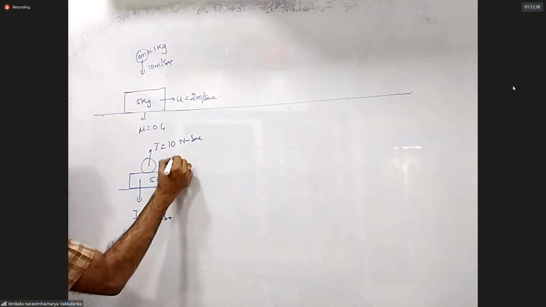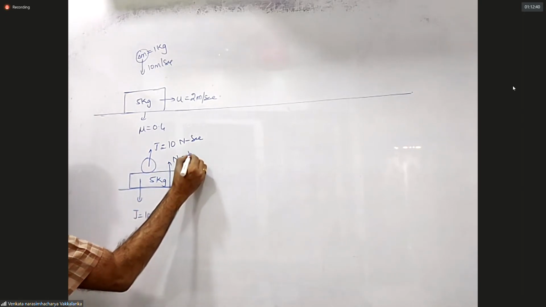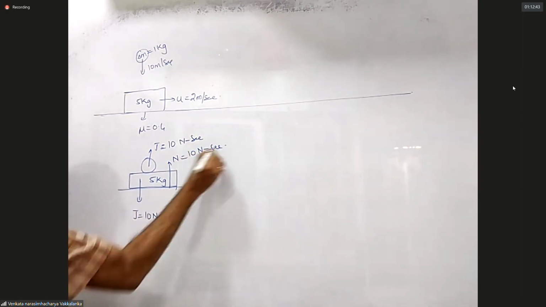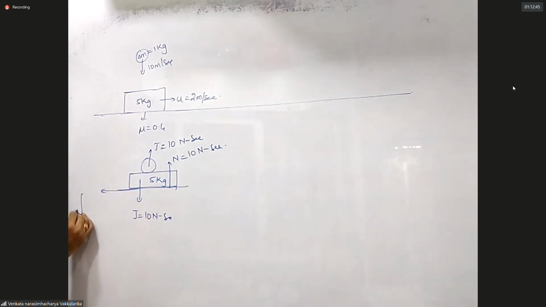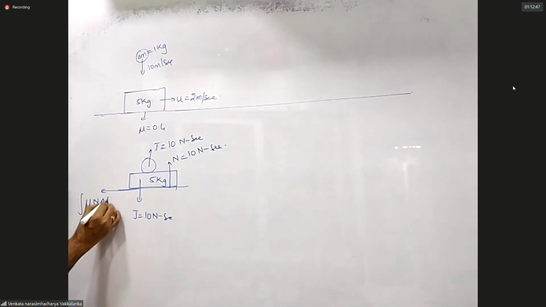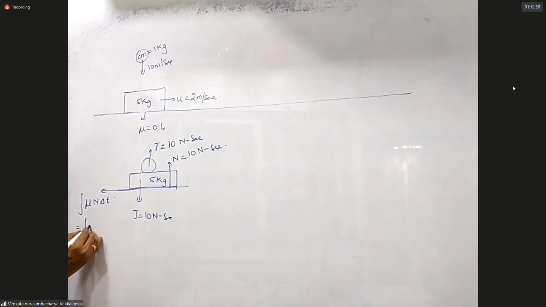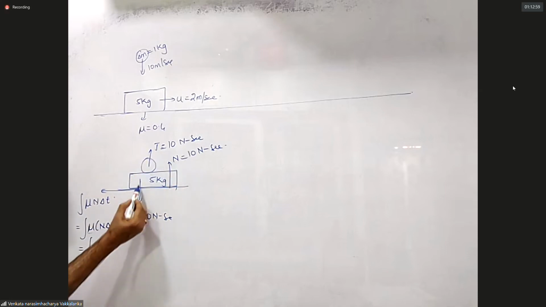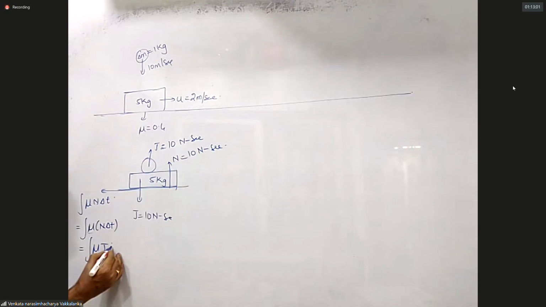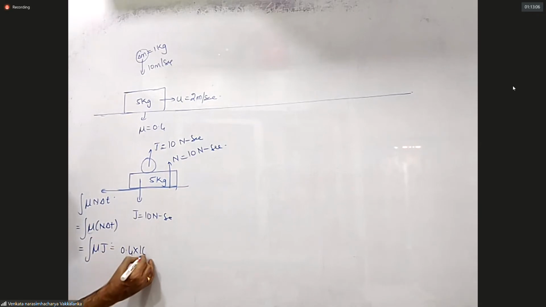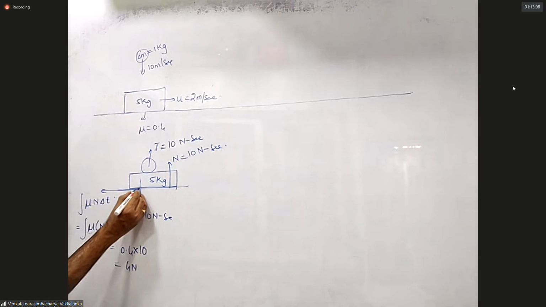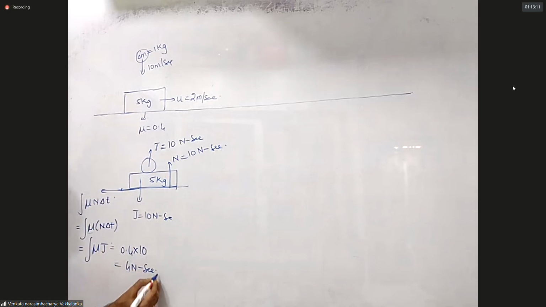So this normal impulsive force will be 10 Newton second. Frictional impulse is the integral of mu N dt, the integral of mu into J, because this and this will be balancing out each other. The integral of 0.4 into J, with J being 10, gives 4 Newton second as frictional impulse.